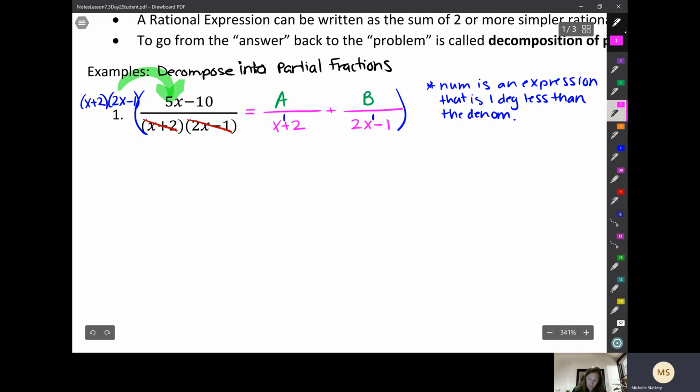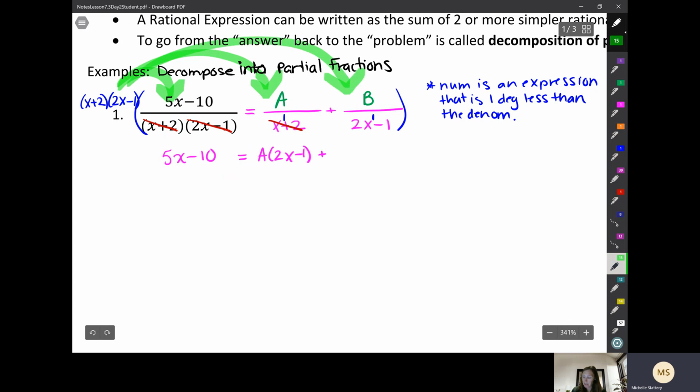All I have left then is 5x minus 10 equals. Then I multiply by the a term, and my x plus 2 is going to cancel with the x plus 2. So I'm just going to have a times the quantity of 2x minus 1. When I multiply it by the b term, my 2x minus 1 is going to cancel. So I'm simply going to have b times the quantity of x plus 2.